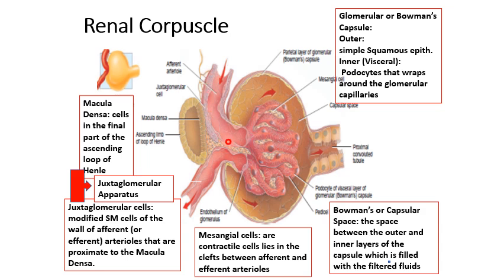طبعا زي ما بنشوف الافرنت arterioles والefferent arterioles في الوول، احنا بنعرف انه الارتريولز are characterized by having smooth muscle cells، and there are smooth muscle cells that are modified بنسميهم juxtaglomerular cells، اوكي، موجودين بالافرنت mainly، زي ما احنا بنلاحظ هون بالwall of the afferent وجود الjuxtaglomerular cells أو مرات الefferent.